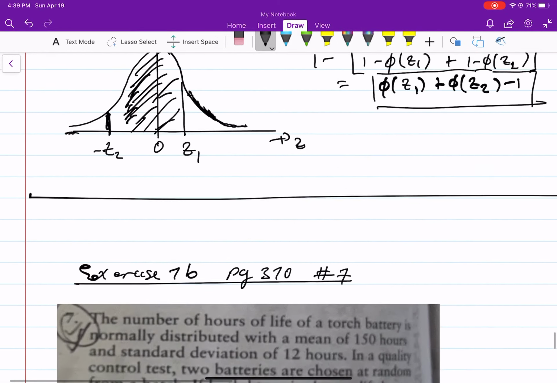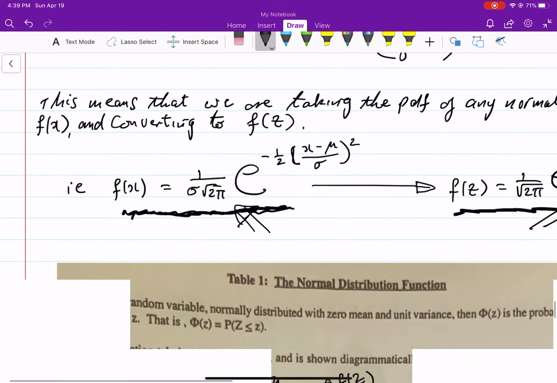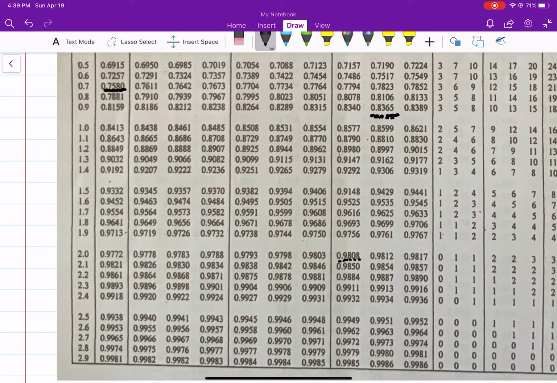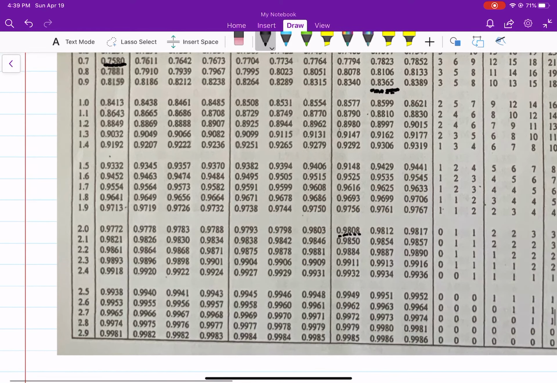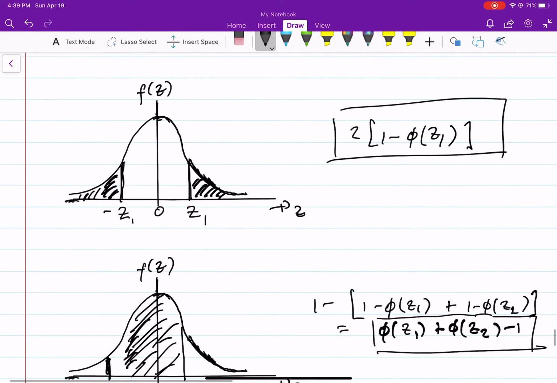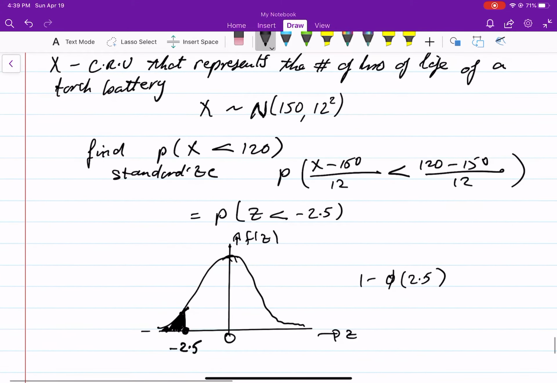If I go up to my normal distribution table, 2.50 would be 0.9938. One minus 0.9938 gives me 0.0062.